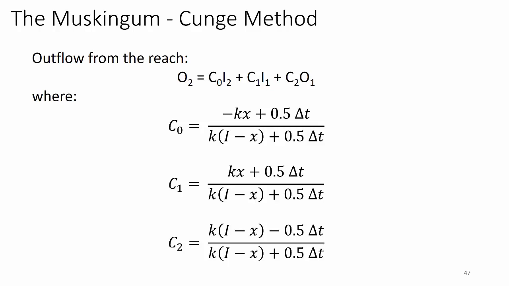These are all curve fitting coefficients. They give you a polynomial curve fitting relationship. And these are proportionalities. We're basically taking inflow 2, inflow 1, and outflow 1, and we're proportioning them to get outflow 2. And these proportions are all based upon the relationships of inflow, X, and delta t.